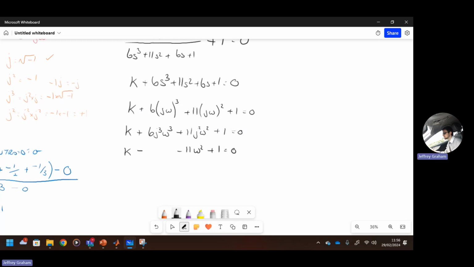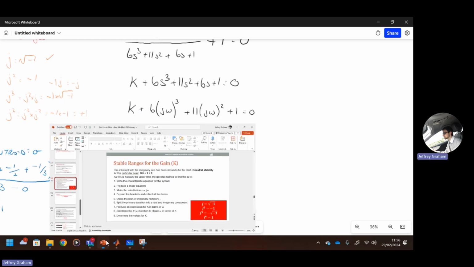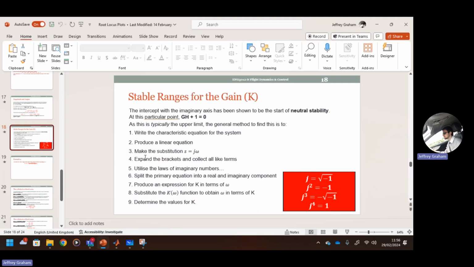And so we're getting minus 6j omega all cubed. Right, based on the PowerPoint, that is up to step 5.